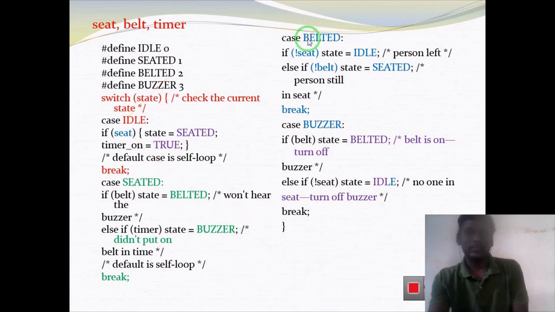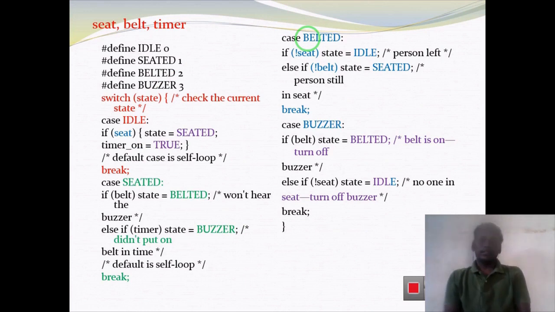And the next case will be belt. In what case will the belt be activated or deactivated? If the person is not in the seat but the belt is still there, that is actually the idle state. So in the idle state, only the belt is available, or the person is in the seat and wears the belt.